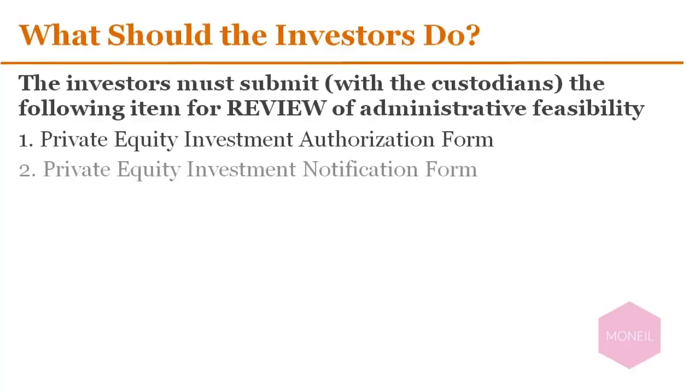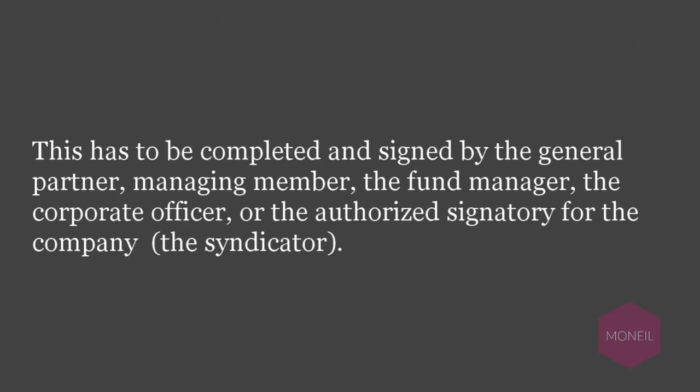Secondly, a private equity investment notification form, which has to be completed and signed by the general partner, managing member, the fund manager, the corporate officer, or an authorized signatory for the company, which will be you or me or us, who are asking the investors to invest into the deal.